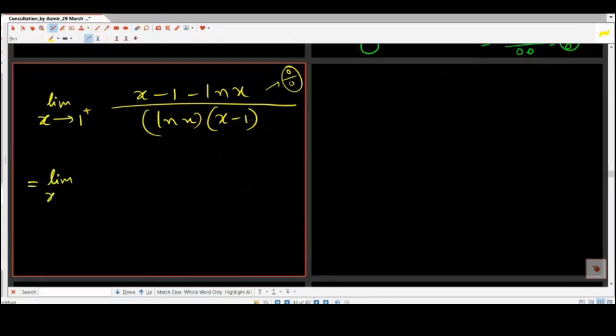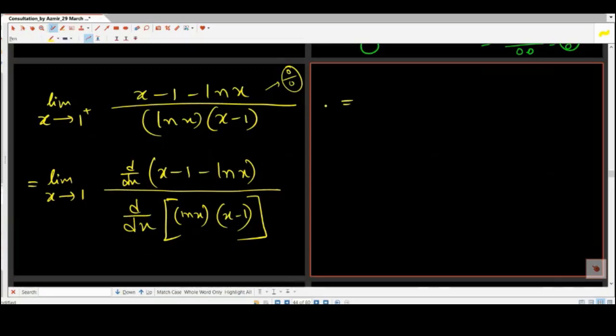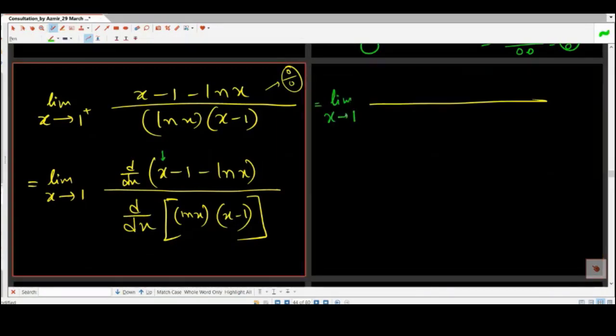That means we can differentiate the upper function, x minus 1 minus natural log of x, and we can differentiate the lower function, natural log of x times x minus 1. Now we have to apply the concept of derivative. As x tends to 1, the differentiation of x is 1, minus the differentiation of 1, which is 0.